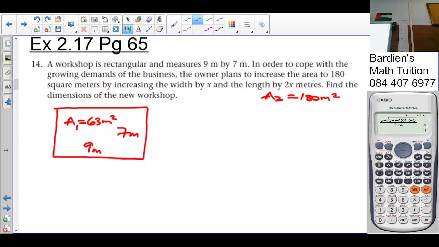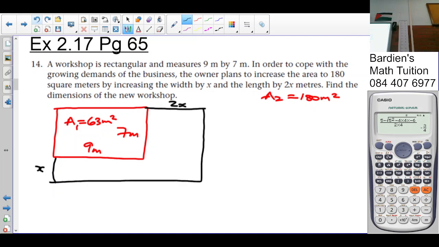By increasing the width by x. Okay, so we said that since that is the width, he's going to increase the width here by x, and the length by 2x. Okay, and then we're going to get a new rectangle. Is that correct?